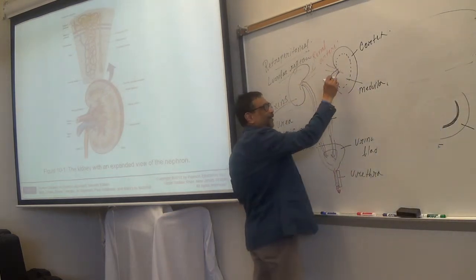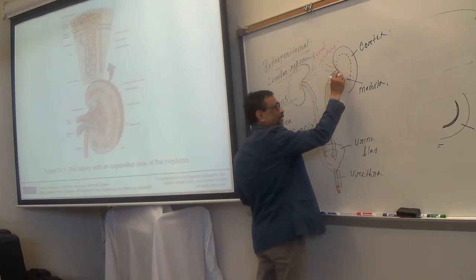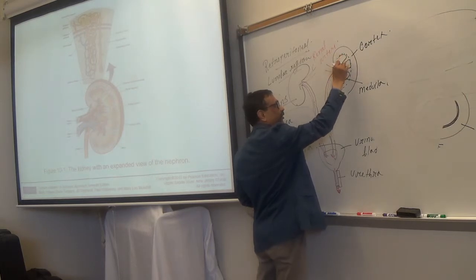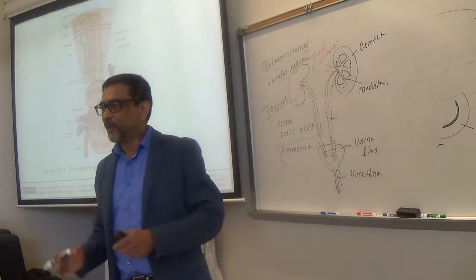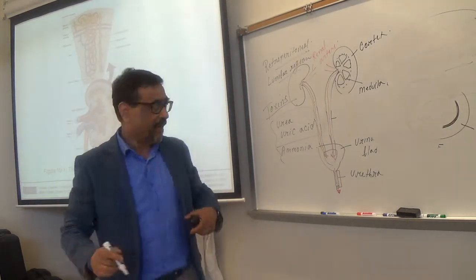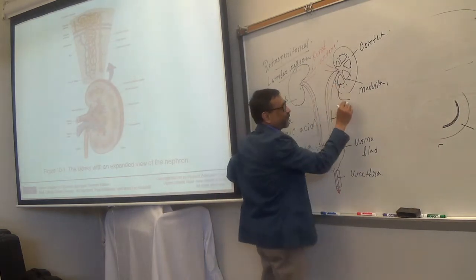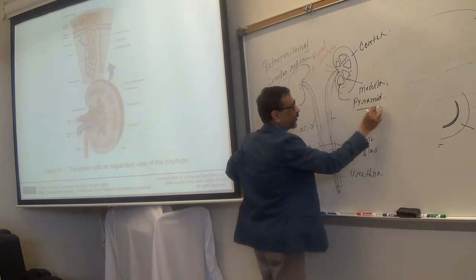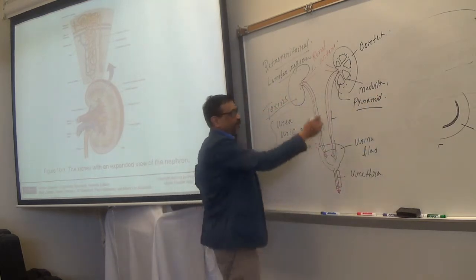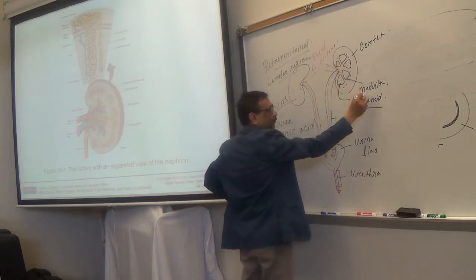And in the medulla, you will see pyramid-shaped structures, like triangular, like this. Have you seen pyramids? No? But you have seen them in pictures, right? So, pyramid-shaped structures. So those are called pyramids. That's not difficult. So pyramids are in the medulla, inner part.